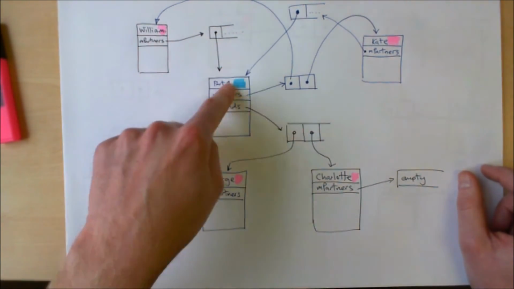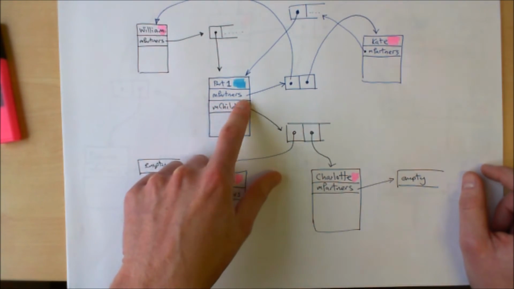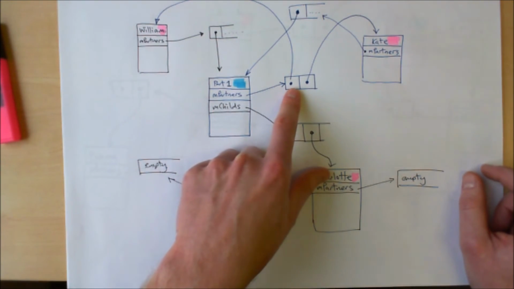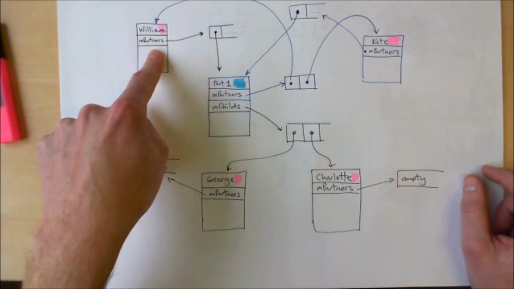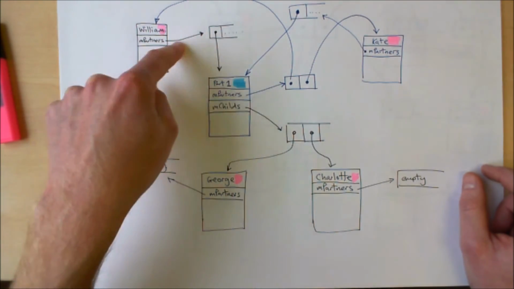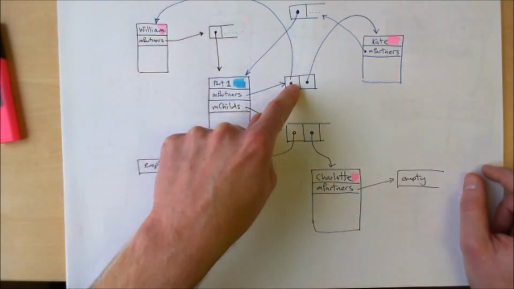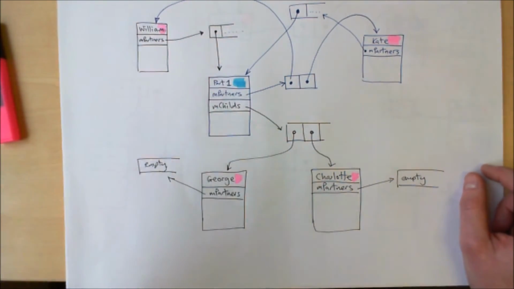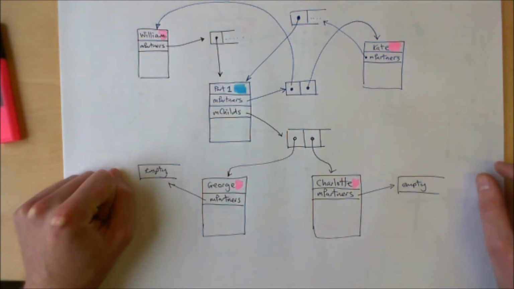Now William goes to his partnership object, and we loop through the partnership object's partners, and the first element in there is a link to William. So we go back to William and tell him to draw, but part of drawing William says that we have to draw his partnership, which takes us through this array, and back and round and back and round. So that's one possible infinite loop that we need to be careful of.